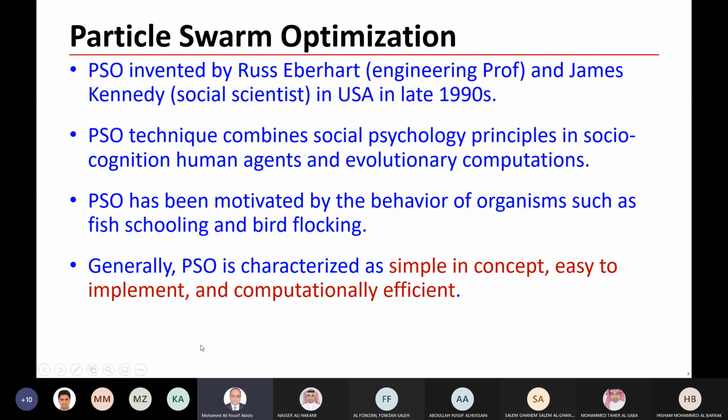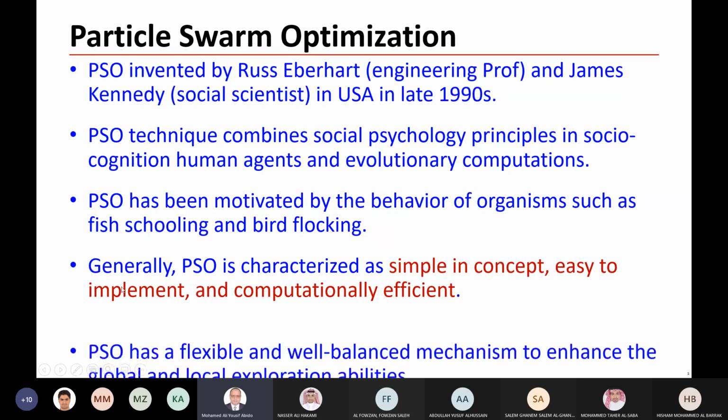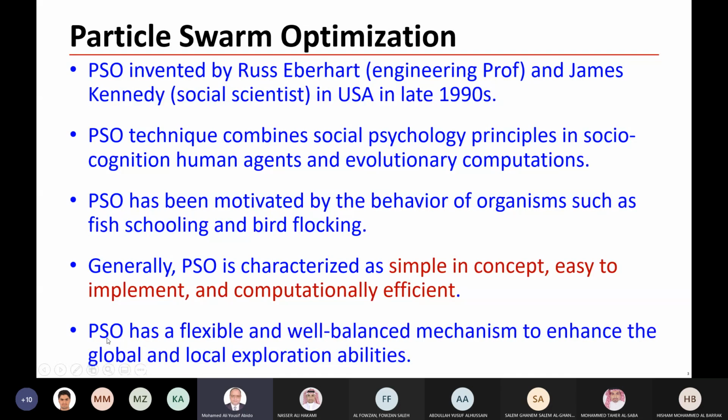This particle swarm balances between global search, the genetic algorithm and its family, and also local search, which is taboo search and others. Yes, here it is. Particle swarm has a flexible and well-balanced mechanism to enhance global and local exploration abilities.